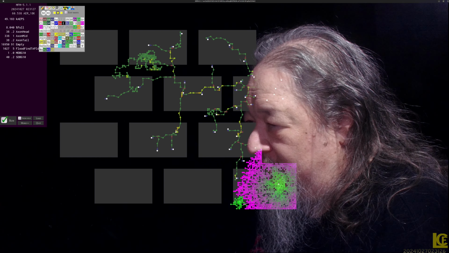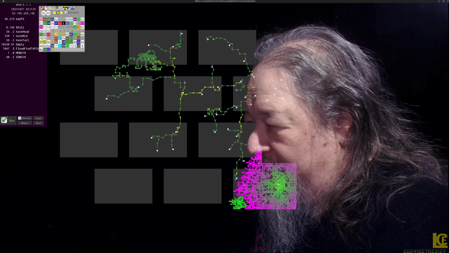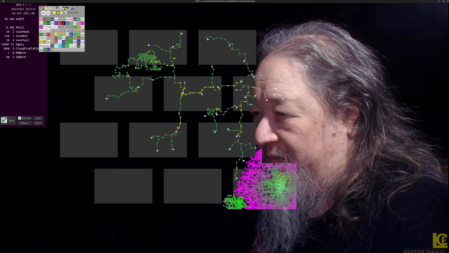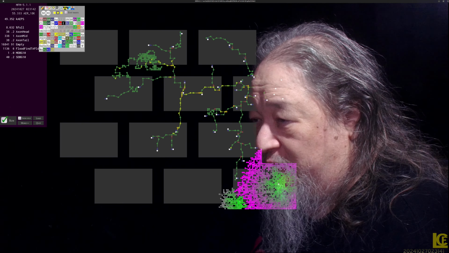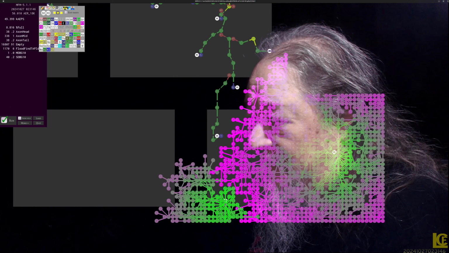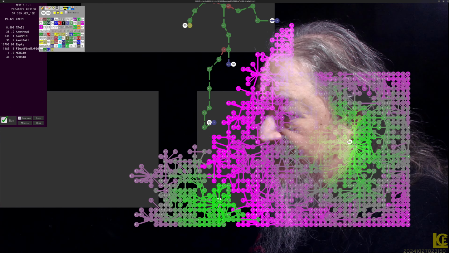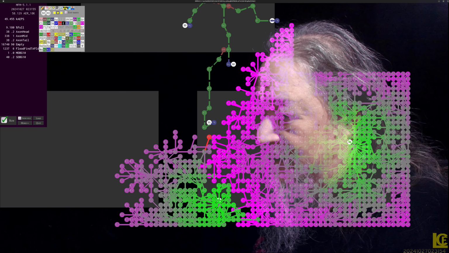It needs to grow around the existing stuff, branch, anchor onto an existing path, and then win the race back in such a way that the new path is close enough to one of these things that, all right, come on, let's do it.